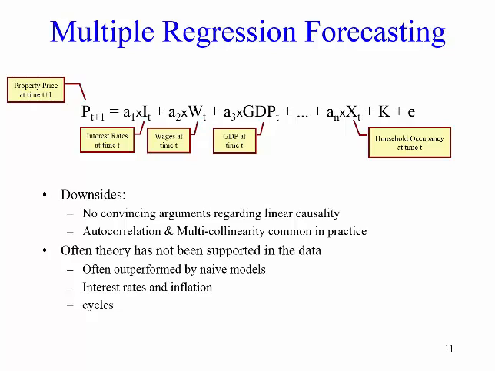Likewise, the assumption of no multicollinearity tends to be violated in the types of data commonly used as the independent variables for the multiple regression forecasting of property price. Interest rates are in fact related to wages, and likewise both are connected in complex ways to GDP.